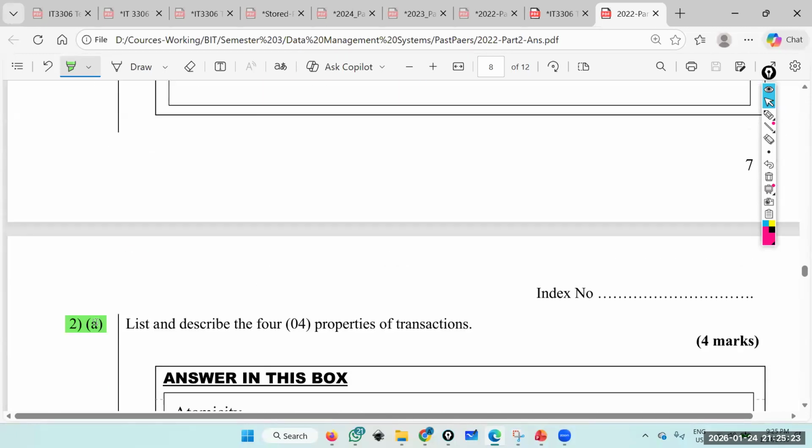Right, 2A. List and describe 4 properties of transactions. That is ACID properties. Atomicity, consistency, isolation, durability. You need to explain, okay? List and describe. The atomicity, the smallest unit of success or failure is a transaction. So there cannot be partial success of a transaction, right? Consistency.